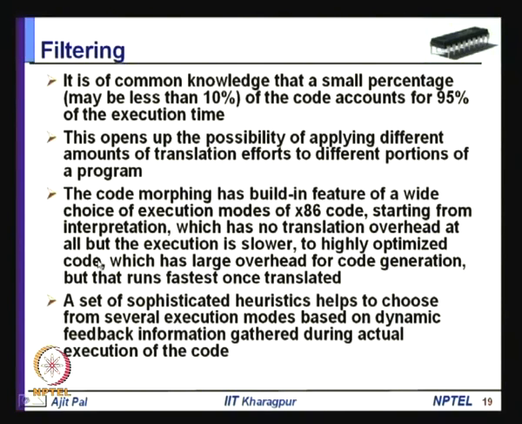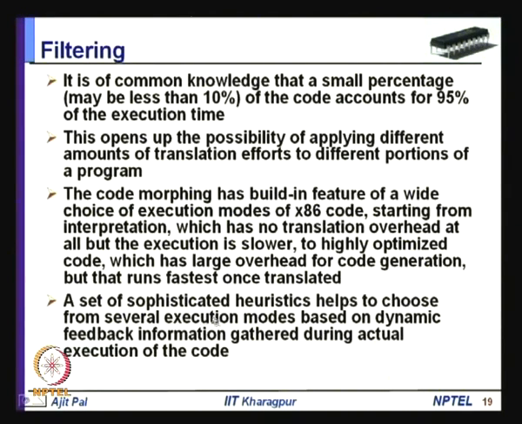That means some part of the code has to be highly optimized, which has large overhead for code generation. That means the code morphing software will devote a long time to optimize it, but that is worth it because that code will be executed many times.